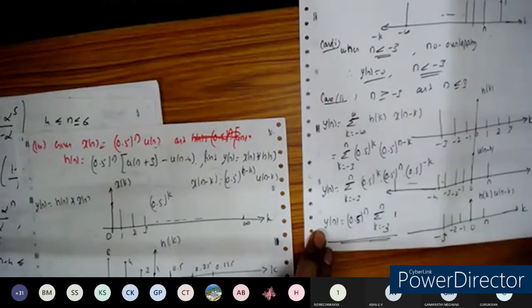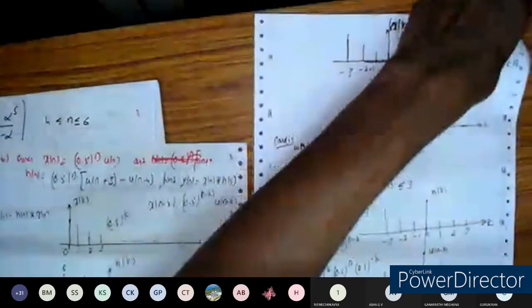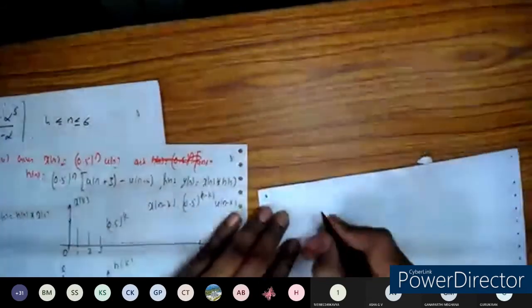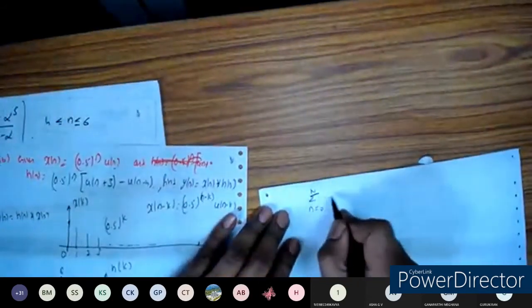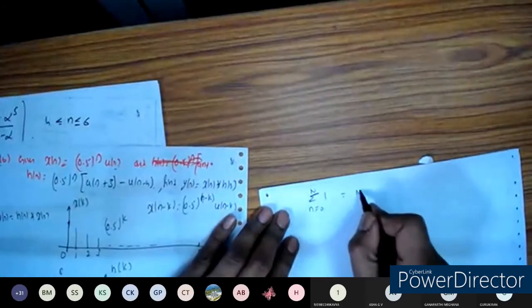Now I'm going to write the generalized formula for this. The summation n equals 0 to n of 1 becomes n plus 1.